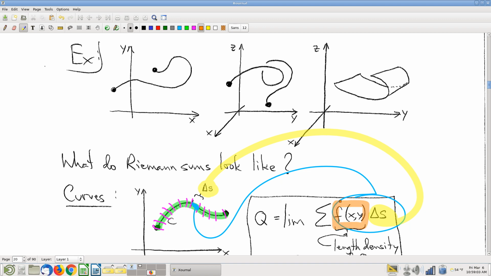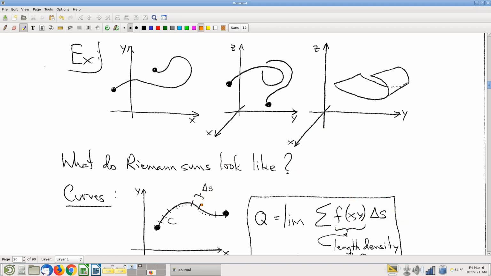Some appropriate notion of density to that problem. I mean, if I'm counting ants, well, I need to know how many ants per unit length. What's the ant density at that location, right? And likewise for other things.